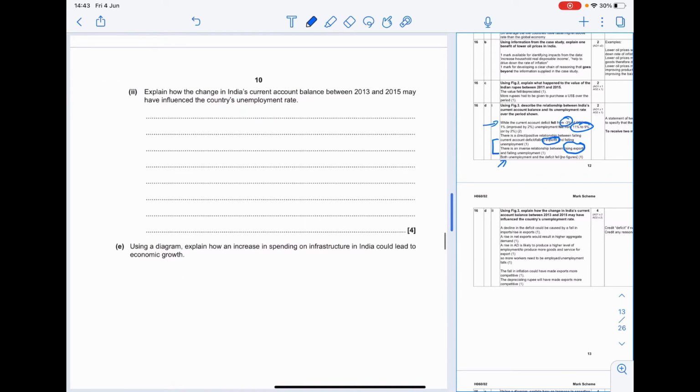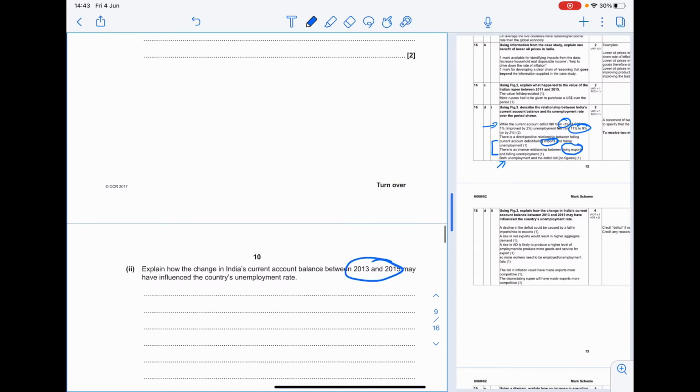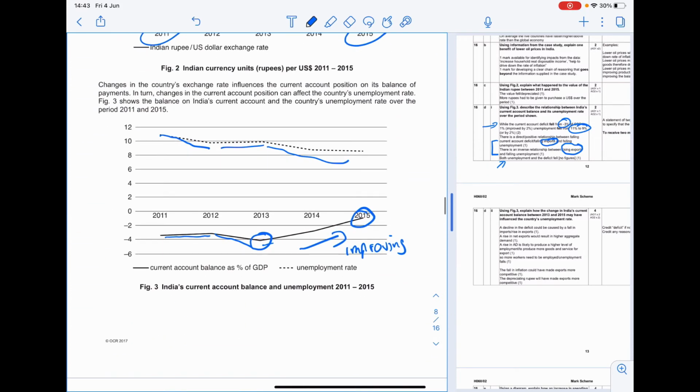explain how the change in India's current account balance between 2013 and 15 may have influenced the country's unemployment rate. So 2013 to 2015, how will it have influenced the unemployment rate? So now we're looking at this period here.